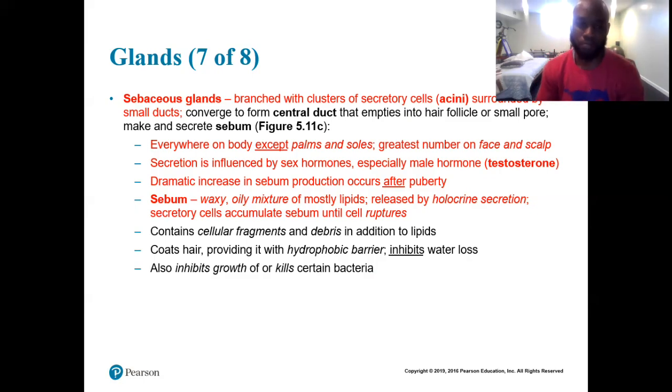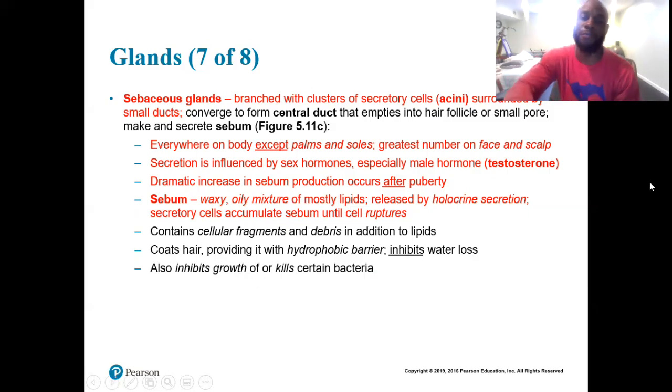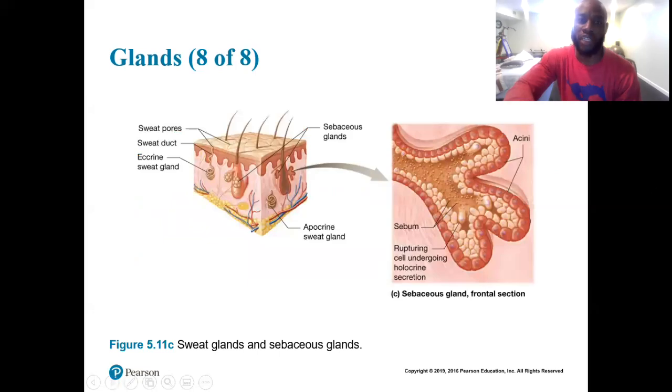So it's a little bit different release. It's important for this last point: sebum inhibits growth or kills certain bacteria. And that's your sebaceous glands releasing sebum.